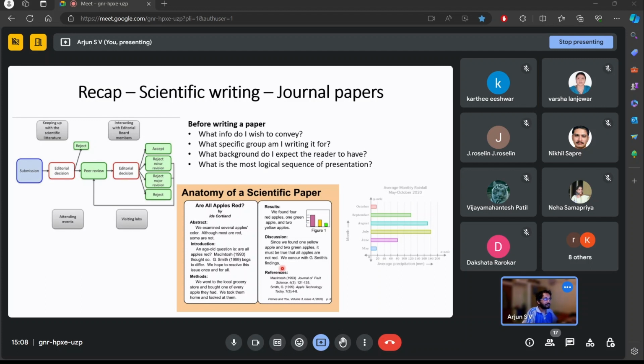And apart from the text present in the scientific paper, we also saw that figures constitute a major part of a scientific paper, and we should try to include figures wherever possible, because figures help us understand the paper more than text does. So this will be an ideal way to represent the figure.